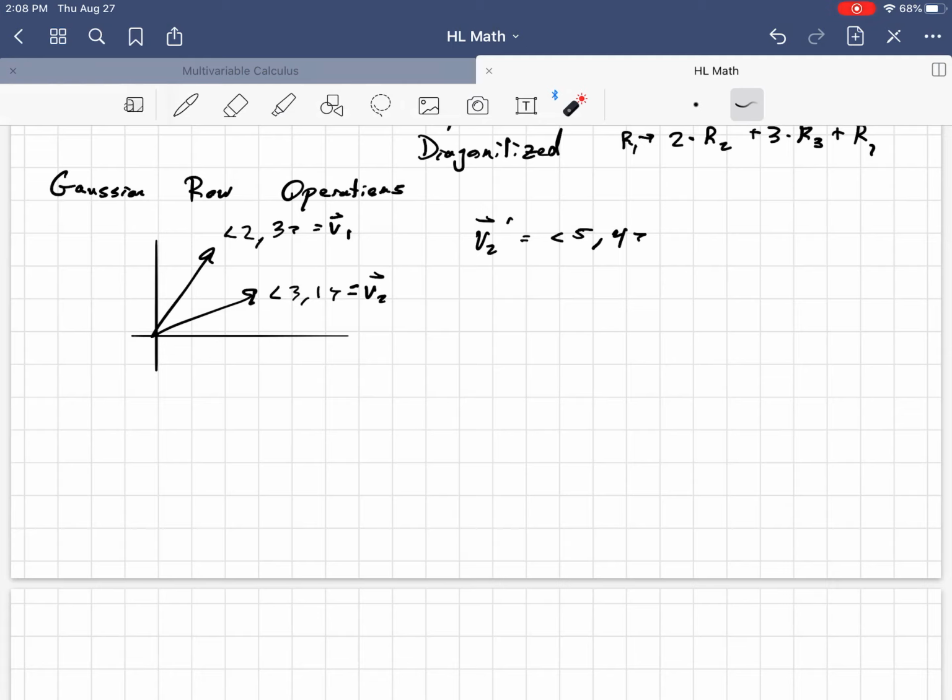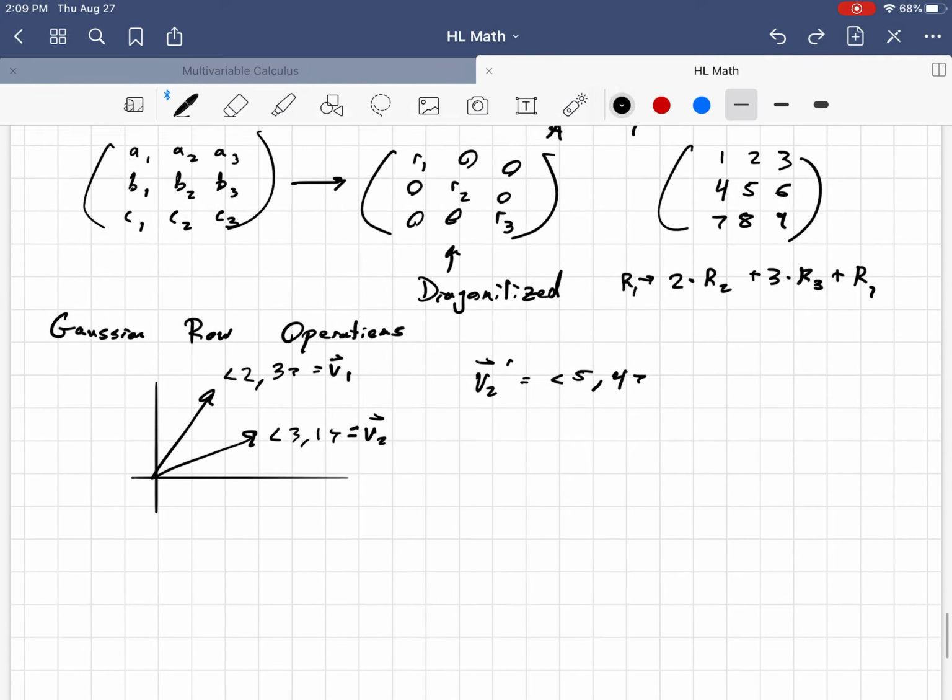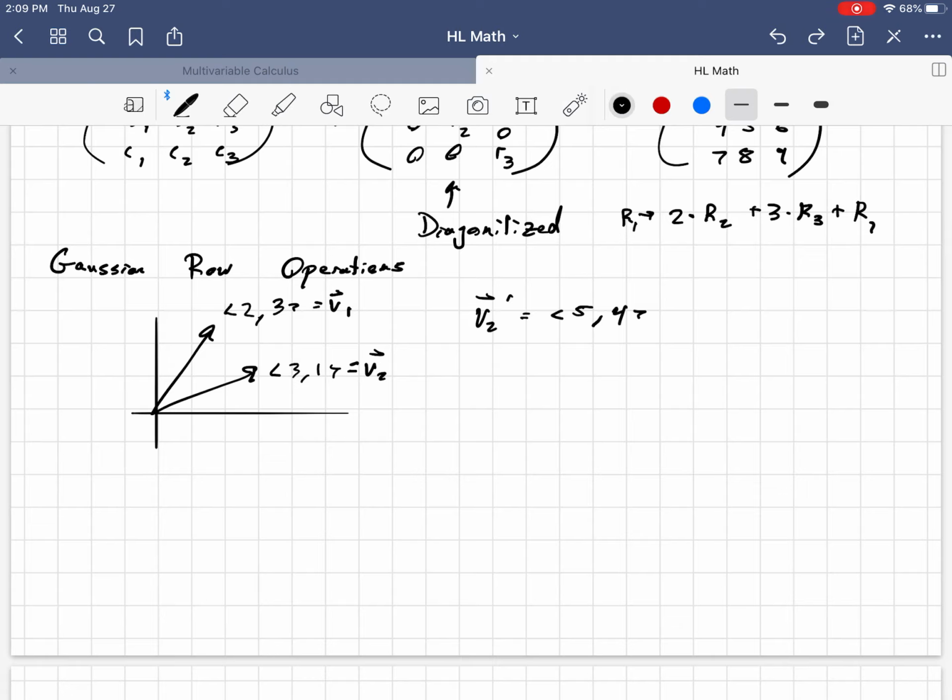You're moving on one axis by some amount and on another axis by a different amount. In the case of this example, we added v sub 1 to v sub 2, so we just shifted the whole parallelogram, since it's in R2, 2 units to the right and 3 units up. And of course, shifting and translating any shape does not change its volume in whatever space you're in.